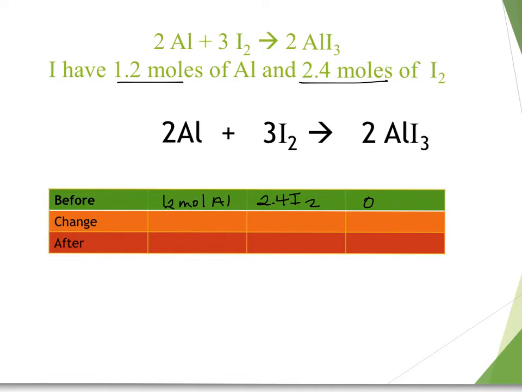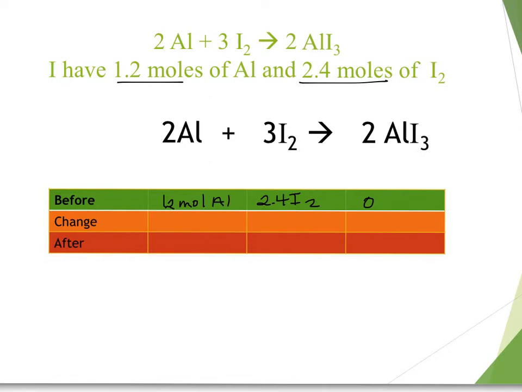Okay? Now, the change. This one you do need to figure out your limiting reactant. Few ways you can do this. Those of you who are good with ratios and figuring this stuff out in your head can probably see the ratio already, but what you can do is apply the molar ratio step.